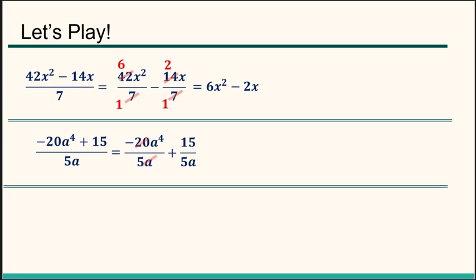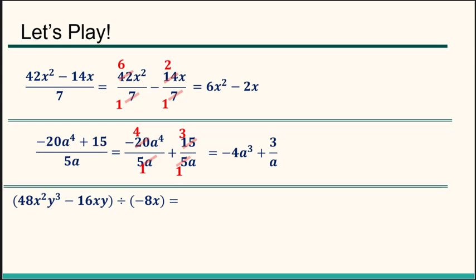So 5 goes into 20 four times, 5 goes into 5 one time, and then the a's also will cancel a little bit, but I'll do that in a minute. 5 goes into 15 three times, into 5 one time. So writing that down, I'll have negative 4, and then one of my a's will cancel, so I'll get negative 4a cubed plus, and then I just have to leave it as 3 over a. The a didn't do anything on that back fraction, and that's simplified as far as it'll go.